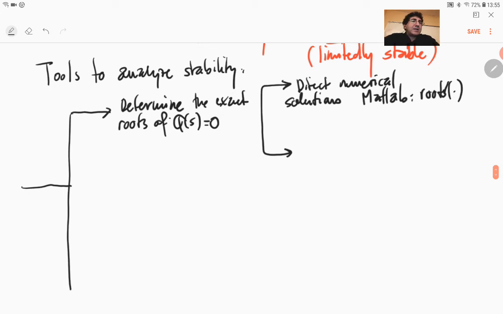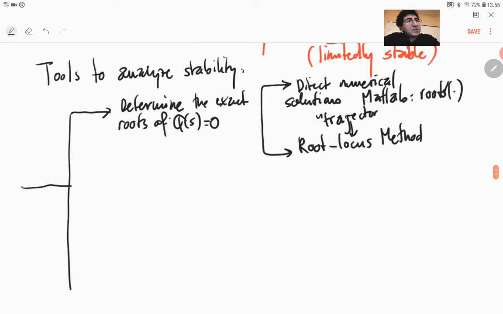Alternatively, we can use the root locus method. This does not specifically mean that we determine the exact roots. Locus means kind of trajectory.